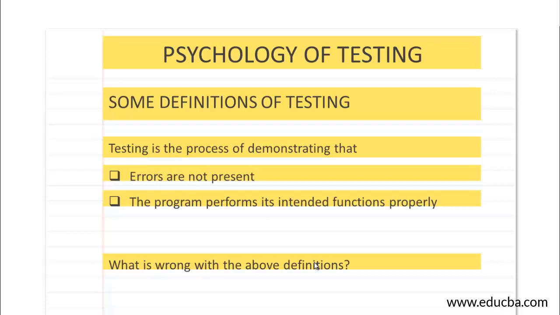The program would be perfectly correct in giving a discount to anyone billing more than $100. That is, it would be doing what it is expected to do. But would it be right in giving a discount to someone who bills less than $100? No, it would be doing something which it is not supposed to do. Thus, testing cannot be limited to verifying that the program performs as expected.